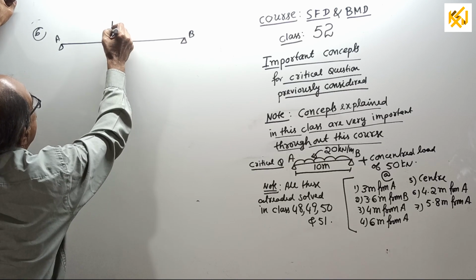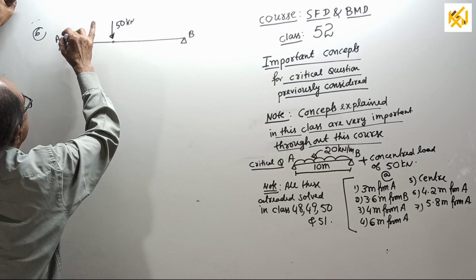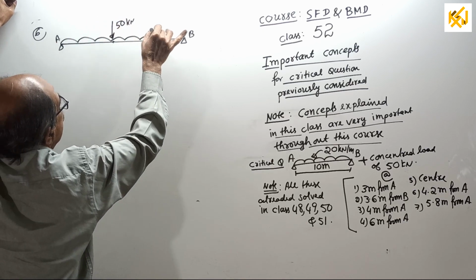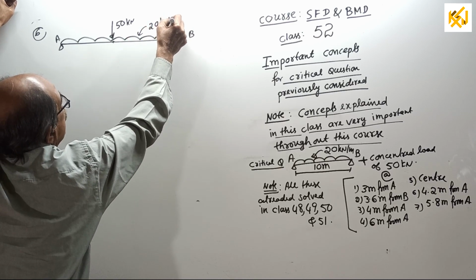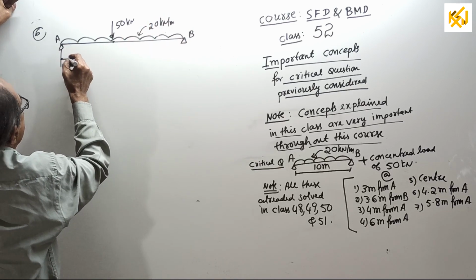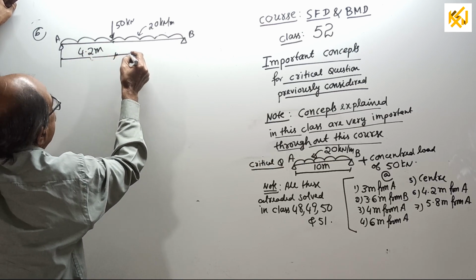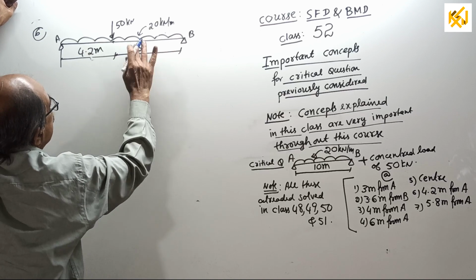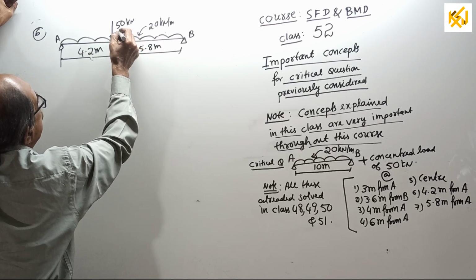Okay. 50 kilonewton. 20 kilonewton per meter. 4.2 meter from A, that is 5.8 meter. Okay. 5.8 meter from there. ABC.